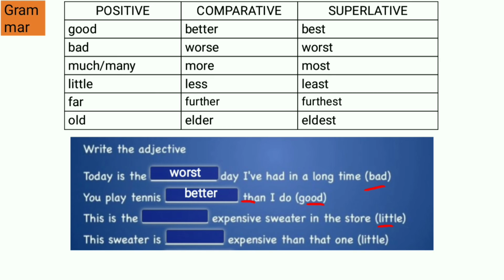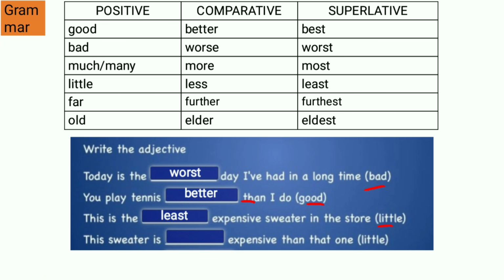Let's move on with number 3. This is the blank expensive sweater in the store. You are comparing this sweater with the rest of the products in the store. If that means little, of course, look at the superlative form of little. That is least. So you would say, this is the least expensive sweater in the store.